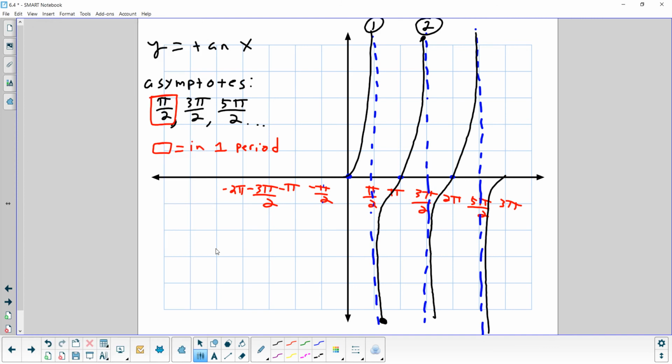Now, let's see if we can figure out what the period is. This is one cycle. What's in that green box? From pi over 2 to 3 pi over 2. Does anybody remember what pi over 2 is if we change that to degrees?